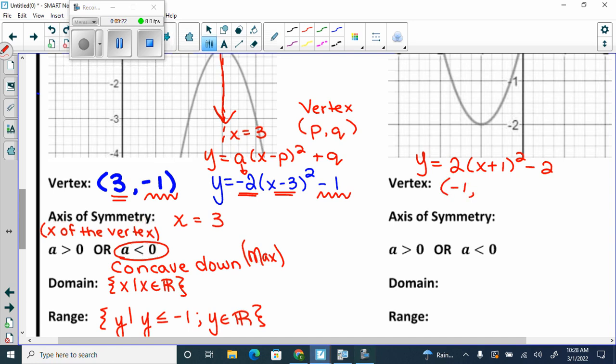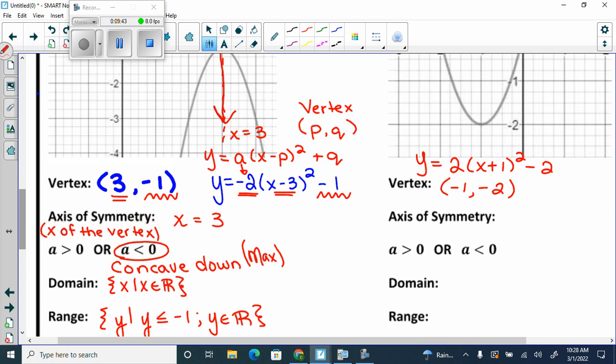And then this one I moved 2 down, so it's at -2. So I can pull my vertex right from there, correct? Opposite of this sign, same as this sign is my vertex. So if it's in vertex form, I don't even need my calculator. I didn't need a graph.